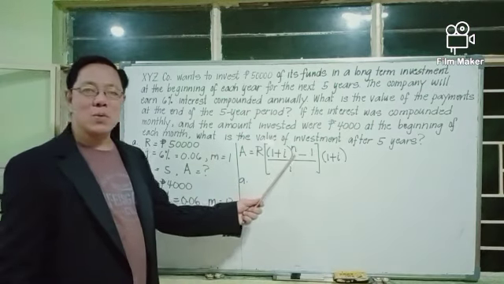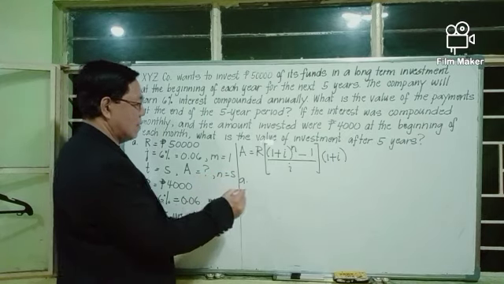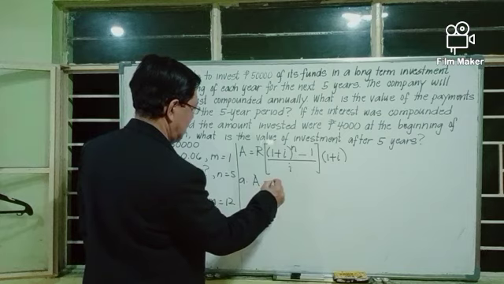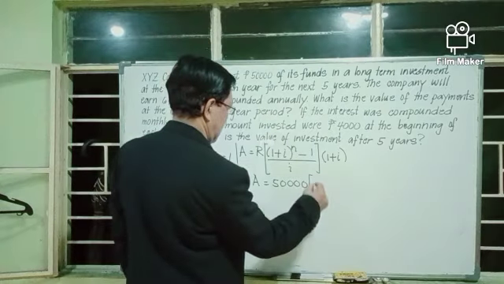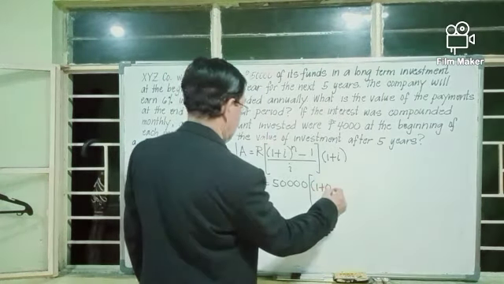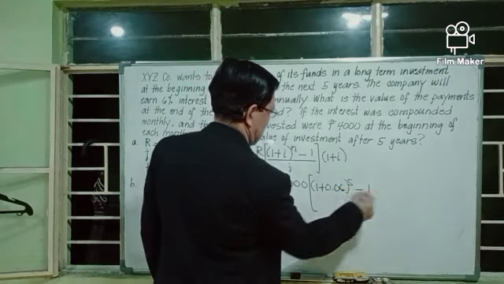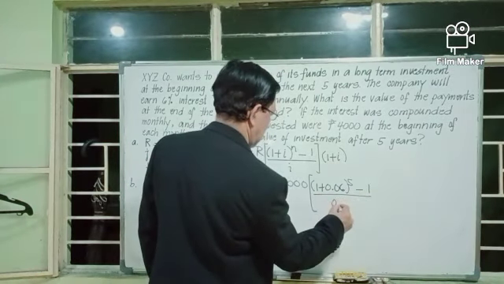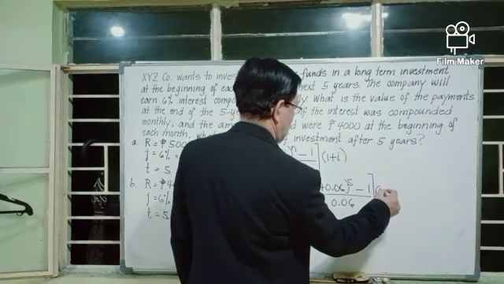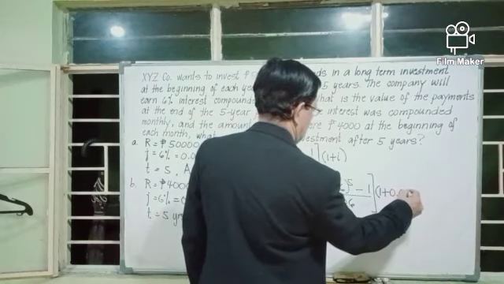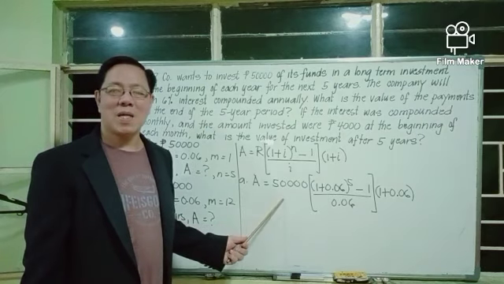Therefore, N is equal to 5. And we find this value using our calculator.